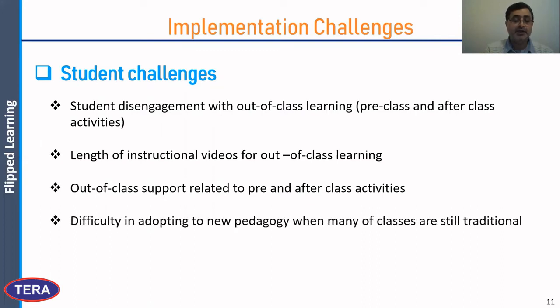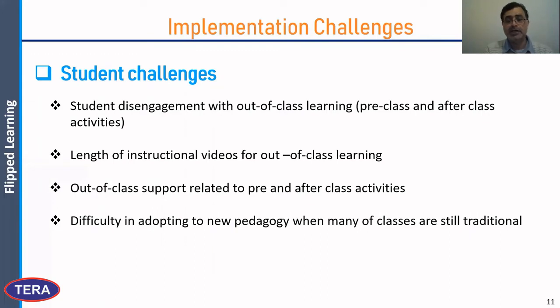Difficulty in adopting a new pedagogy when many of the classes are still traditional. This is one of the typical challenges that many students face. If your institution does not have a consistent policy in implementing flipped classes, some classes may be flipped and some not. So students find it quite difficult to adapt from one class to another.